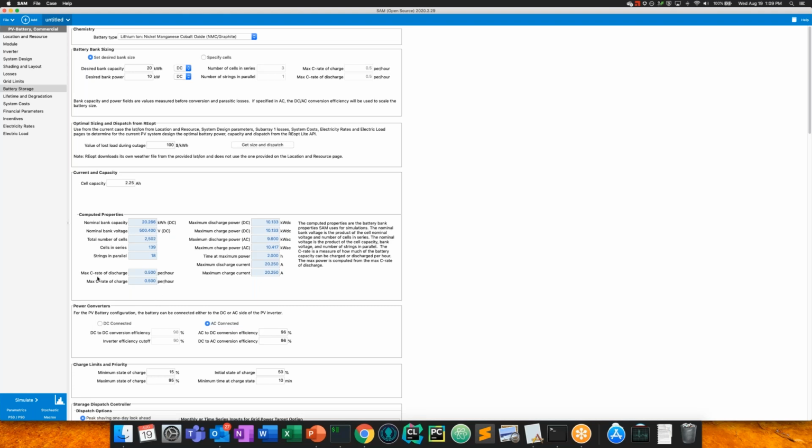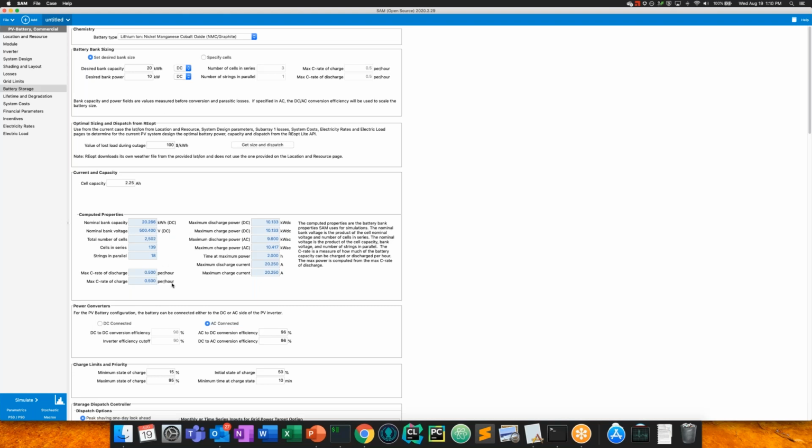The max C rate of discharge and charge describes how quickly the battery can be operated. And this is the ratio between the desired bank power and the desired bank capacity. So we can have a max power of 10 kilowatts, and this means we can discharge the battery at that rate for 2 hours maximum.